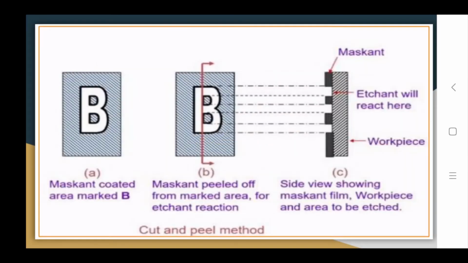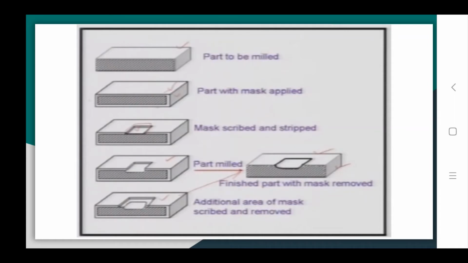The same procedure is again explained for creating blind cavities. Okay, this is another example. This is a part to be milled, you can call it the chemical milling process, and then the part with the mask applied, you can see here, the maskant layer is added, or the maskant has been applied all around on all faces. Then you are supposed to remove the maskant from the area where the chemical reaction is to take place.